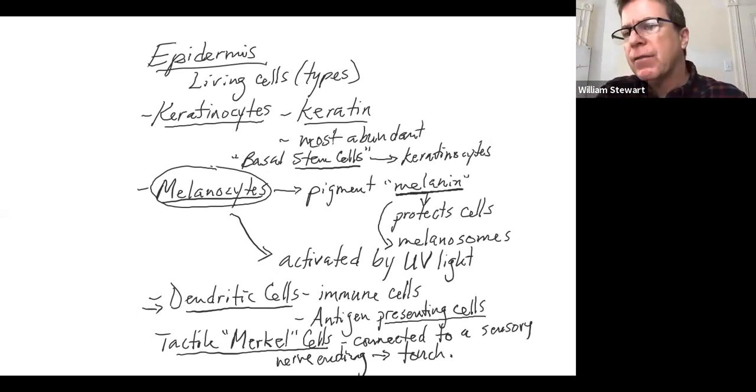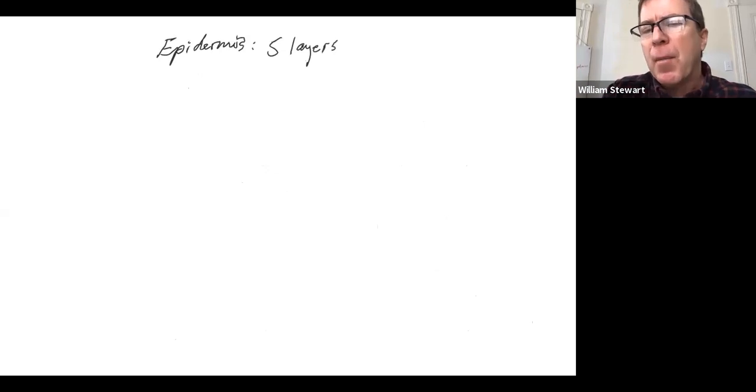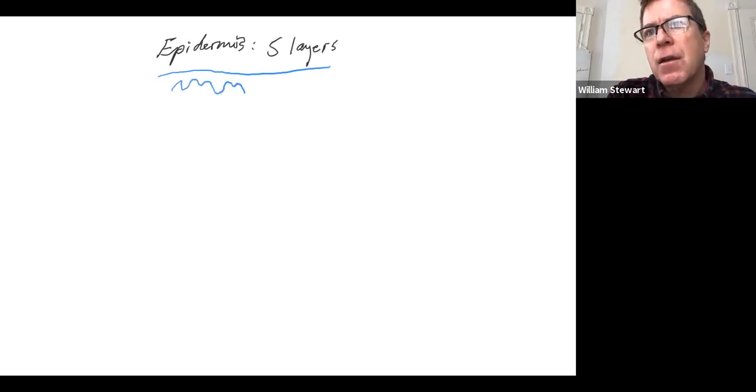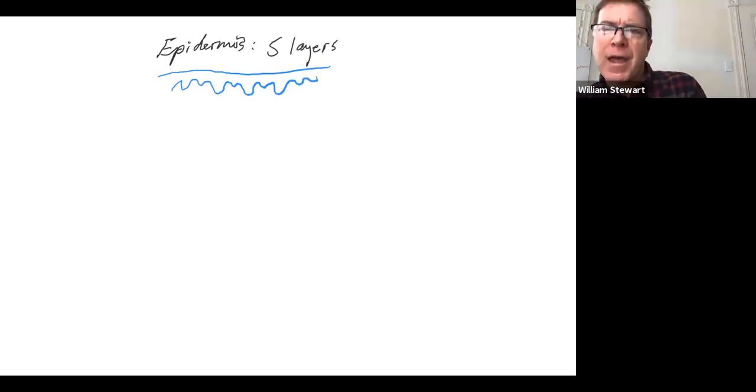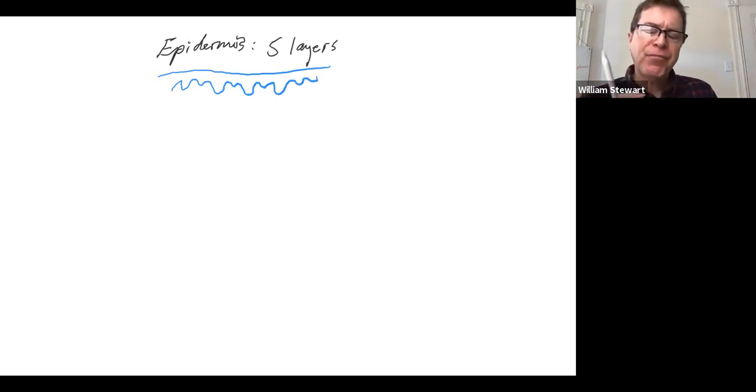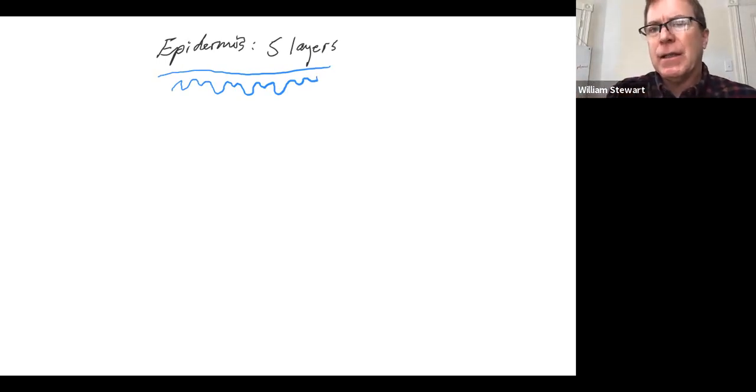Now I'm going to go through the 5 layers of the epidermis. So we're still talking about the epidermis. Remember, I'm just talking about the epidermis. All 5 layers are found in this thin covering of our skin up here. So I'm going to magnify that diagram and give you an idea of how these 5 layers sit.